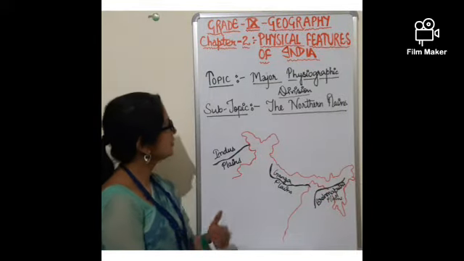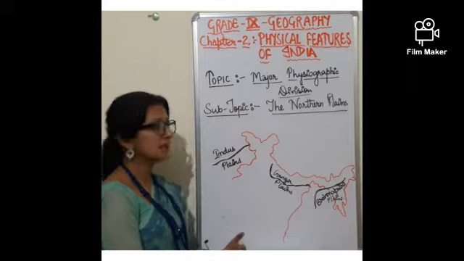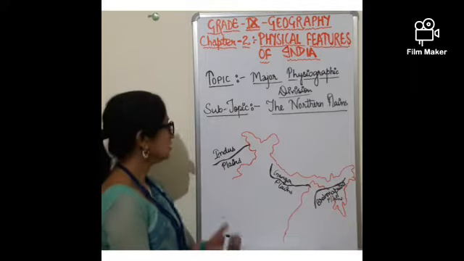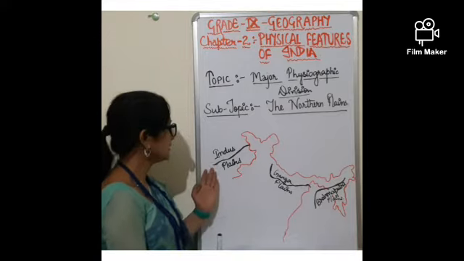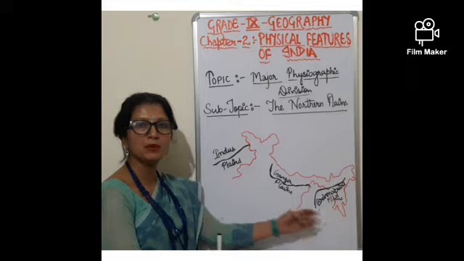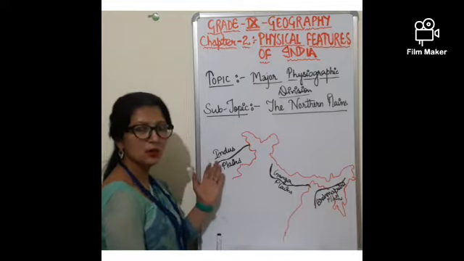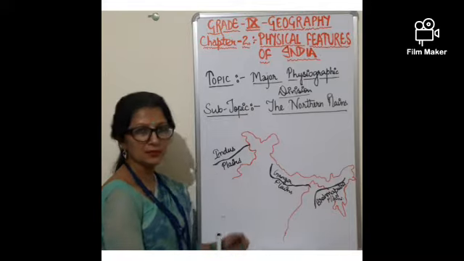After understanding the first major physiographic division, the Himalaya, let us understand the second physiographic division, that is the Northern Plain. The Northern Plain is formed by three main rivers: the Indus River, the Ganga River and the Brahmaputra River. The areas covered are called the Indus Plains, Ganga Plains and Brahmaputra Plains.